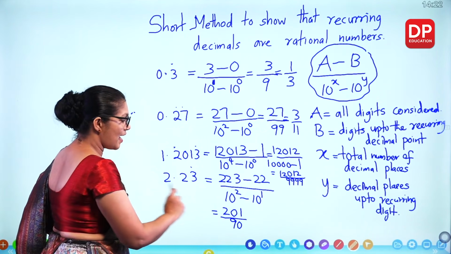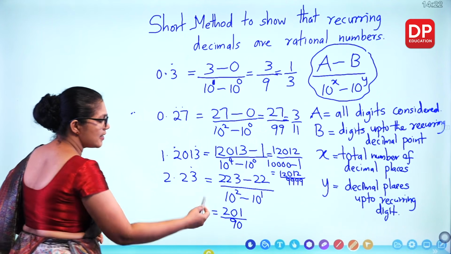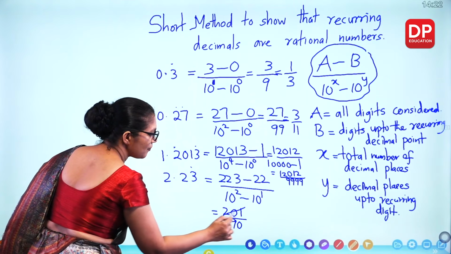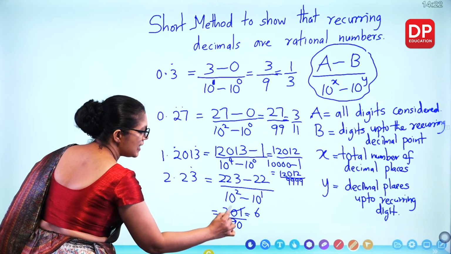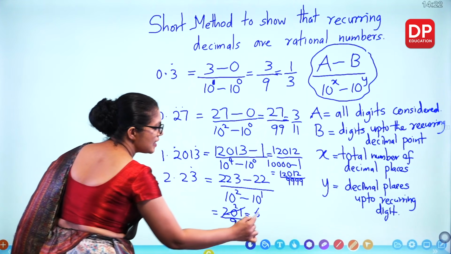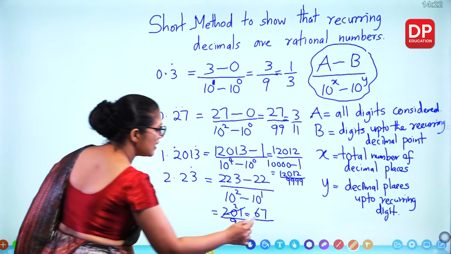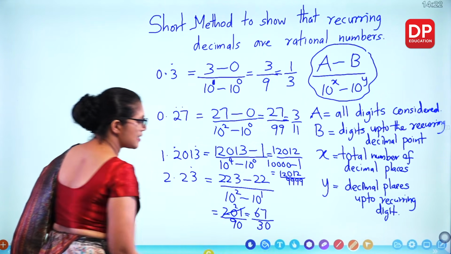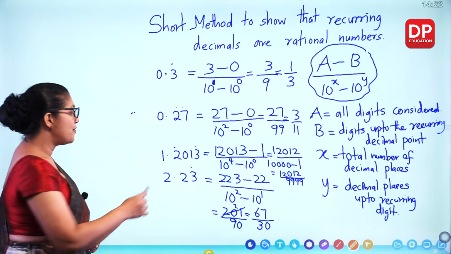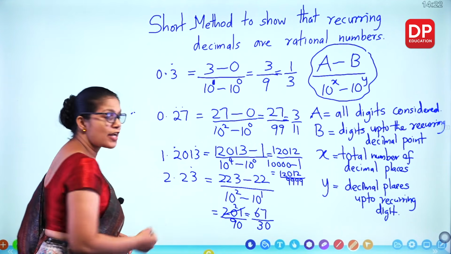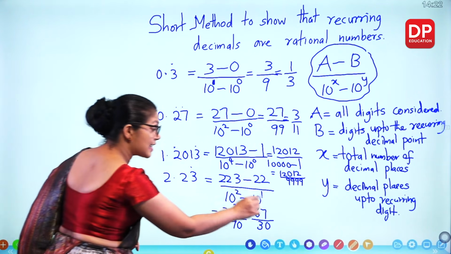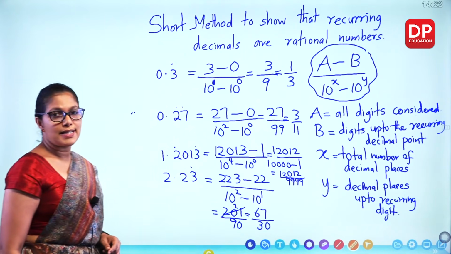You can simplify this one. Divide by 3. 3 times 6, 18. For 21, 3 times 7. So you can divide 90 also by 3. You get 30. How can we write down this recurring decimal as a fraction? This is 67 over 30.